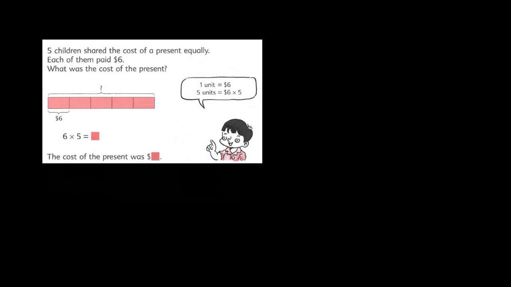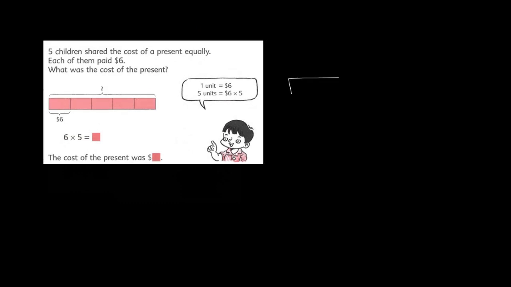Now let's try another problem. So now there are five children that share the cost of a present equally. So now again, let's draw a bar model. Here's a model, and there are five children. So 1, 2, 3, 4, 5. Each one of them paid $6.